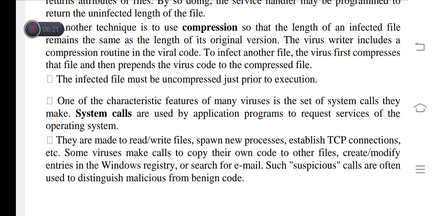Okay, so what is the role of the viruses? The viruses make calls to copy their own code to other files. They can create or modify entries in the Windows registry or search for email. Okay, so such suspicious calls are often used to distinguish malicious from benign code.